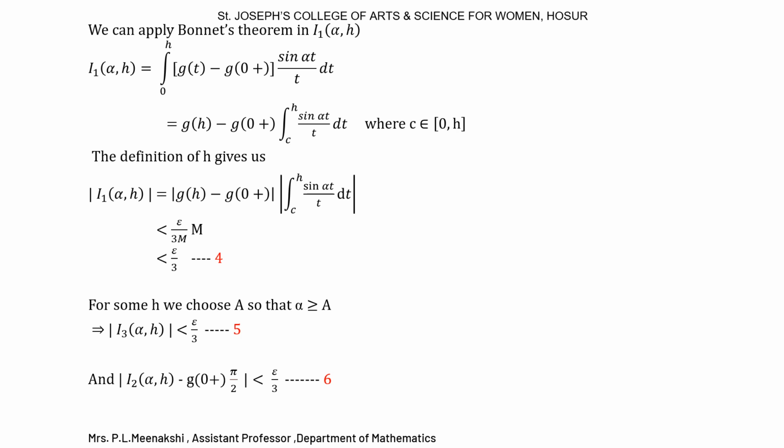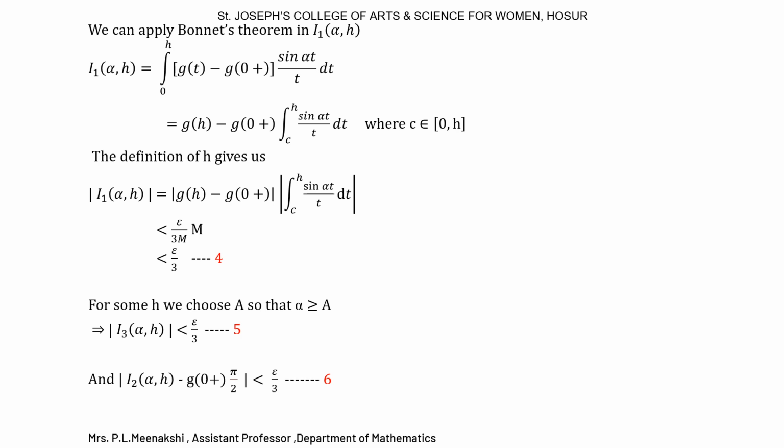Then we apply Bonnet's theorem to the integral from 0 to h of [g(t) minus g(0+)] sin(αt)/t dt. Applying Bonnet's theorem, we get g(h) minus g(0+) times the integral from c to h of sin(αt)/t dt.